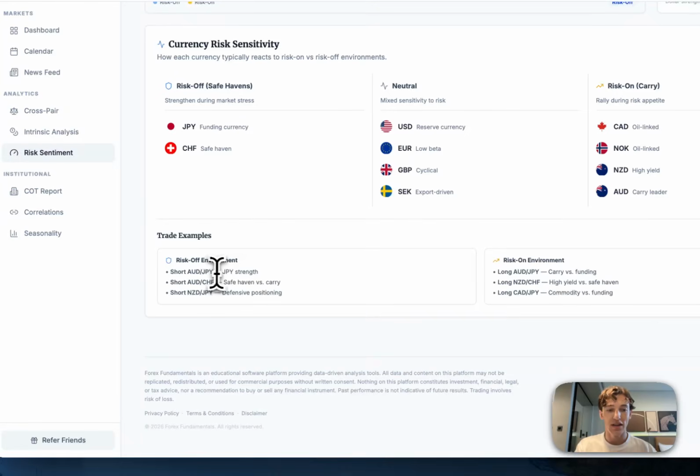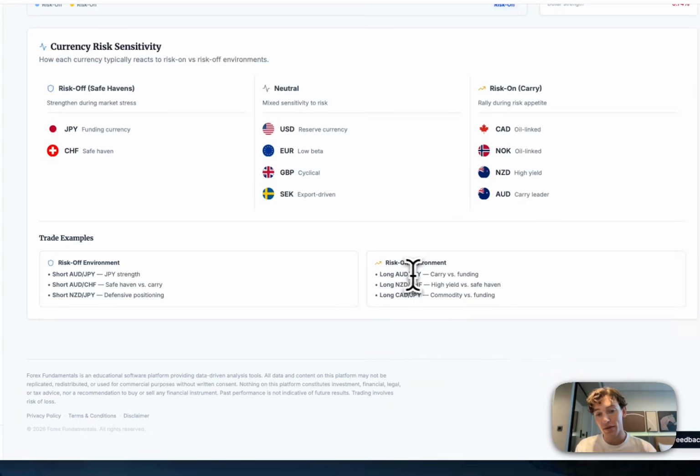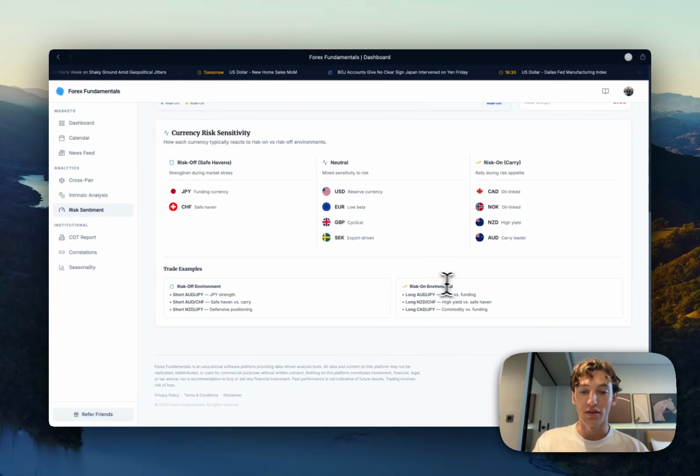For example, Aussie yen could be a good risk off trade when in a risk off sentiment, but could be an amazing risk on trade when in a risk on environment. So then you long AUD JPY, and you also get paid because we have a bullish swap.